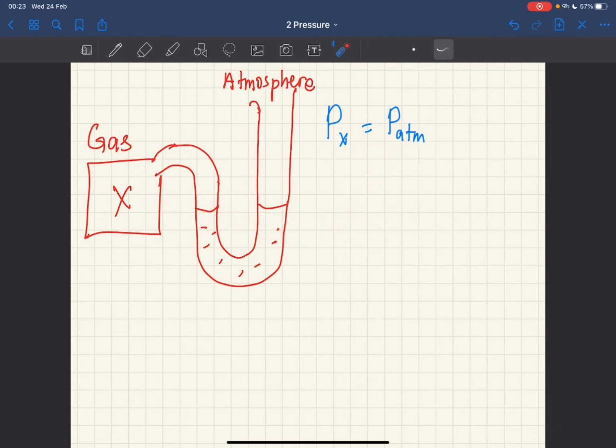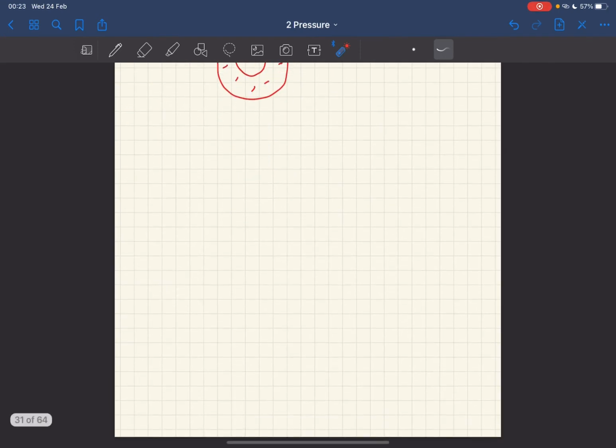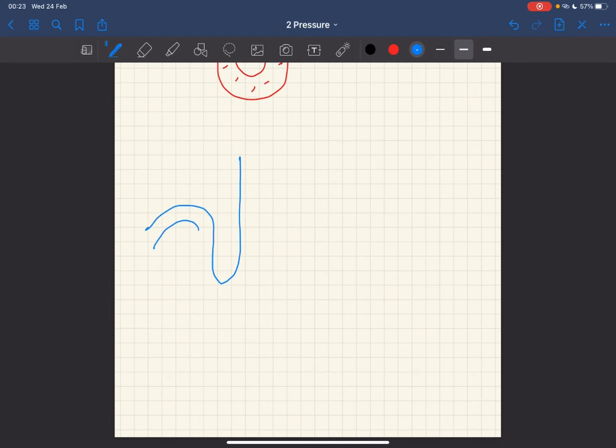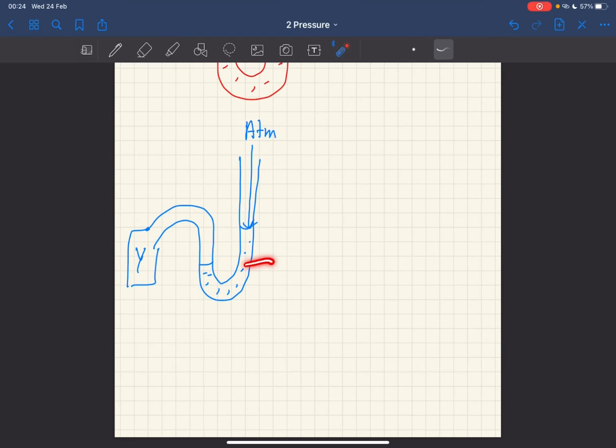Okay? Another example. Let's see. This is gas Y. This is the atmosphere. Based on this diagram, can you tell me which one is stronger? The gas or the mercury here?